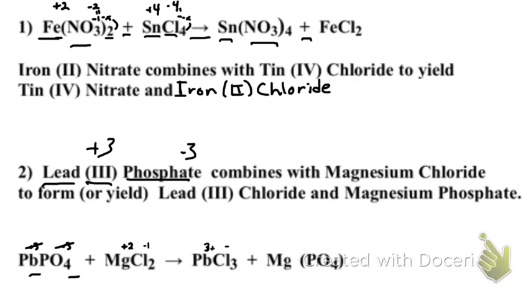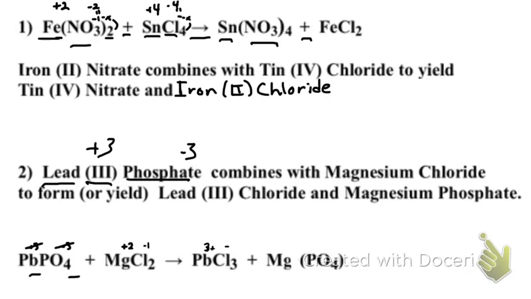I'd like everyone to take a minute to at least write the charges that each of those have, and remember the charges haven't changed, and try and balance them, putting subscripts here and here. So take a moment and try and do that on your own. So continue working if you're going. I'm just going to catch up.